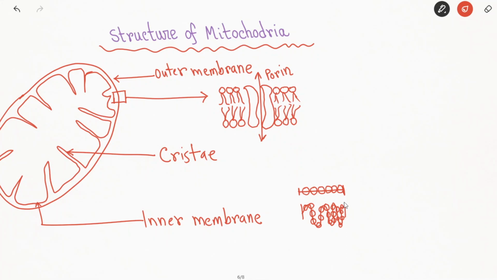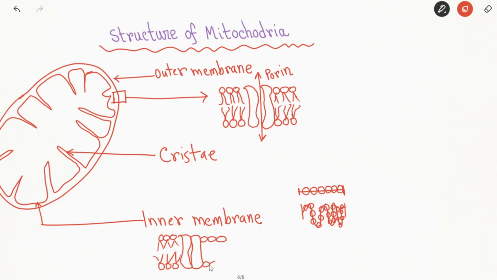And the composition of the inner membrane is also a lipid bilayer. Let's draw a lipid bilayer. But they don't have this kind of channel to easily transport small proteins or ions.